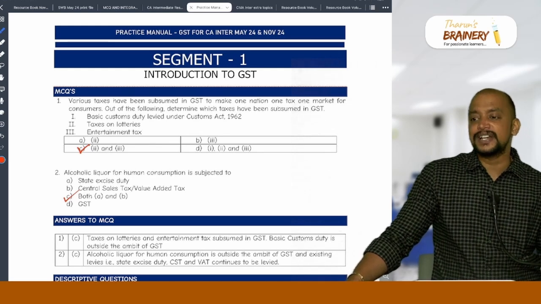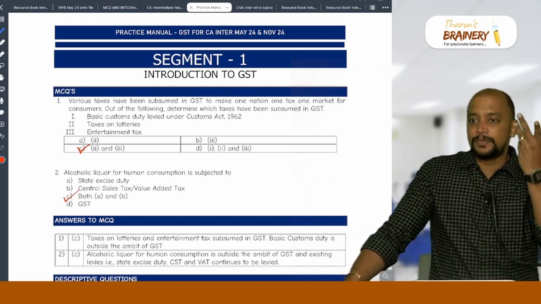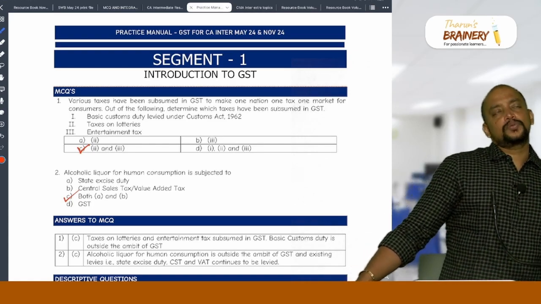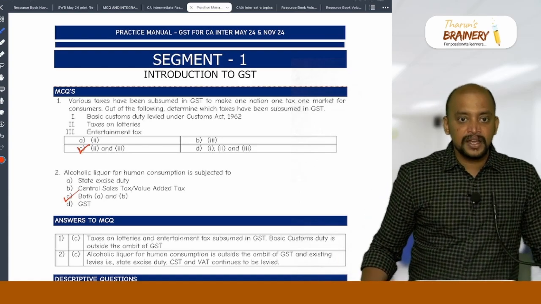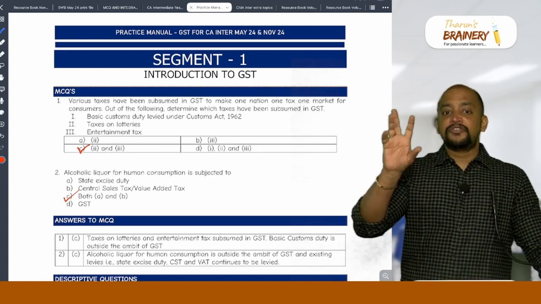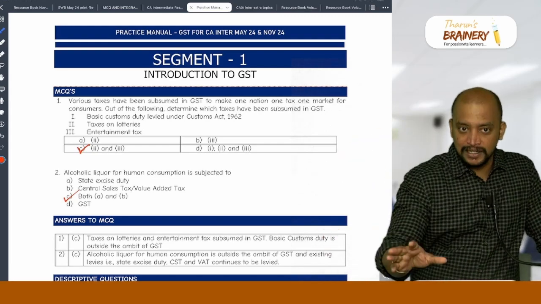Others also just read it once, so that if it is asked, you should not leave it in choice, because your last question is a theory question in GST. I told you question 1 will be for 15 marks, one 10 marks question, one 5 marks question. That's purely practical.